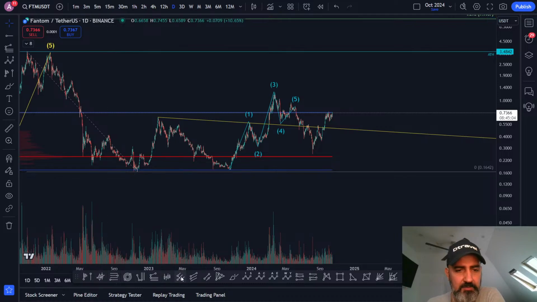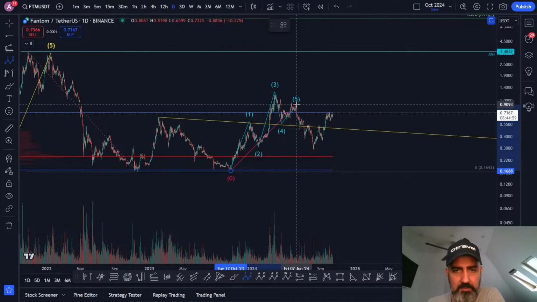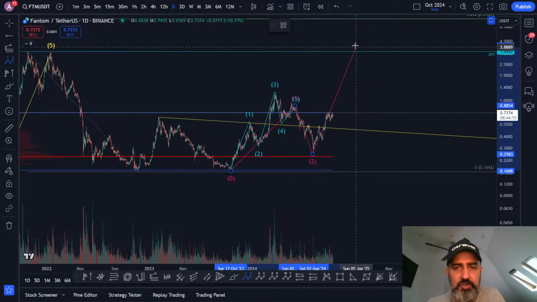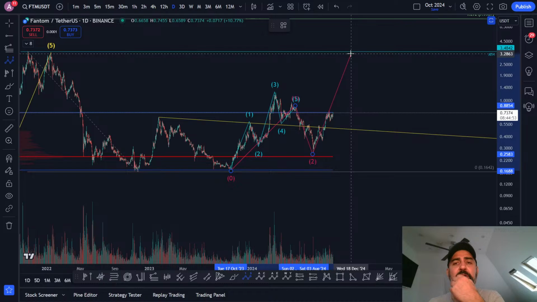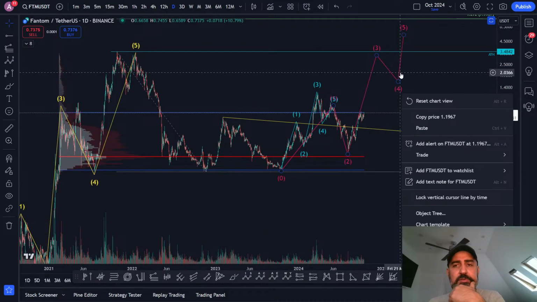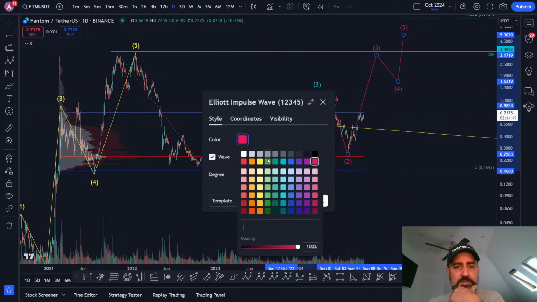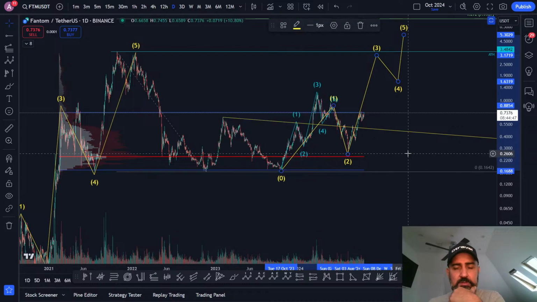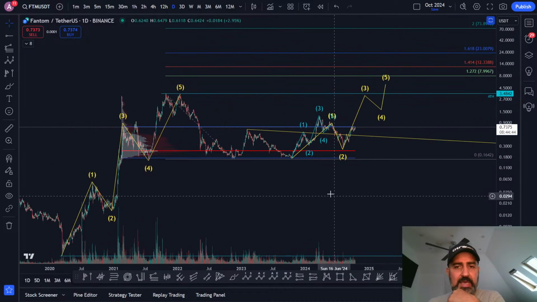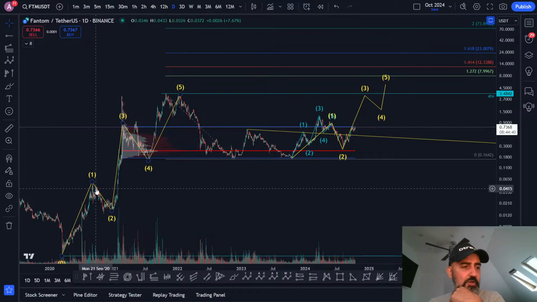And there's your 1, there's your 2, and we're in a wave 3 now. 4, 5. Let's make it yellow. Let's match the colors. Right. And so we are in a higher time frame wave 3. That was your wave 1. This whole thing is your wave 1.